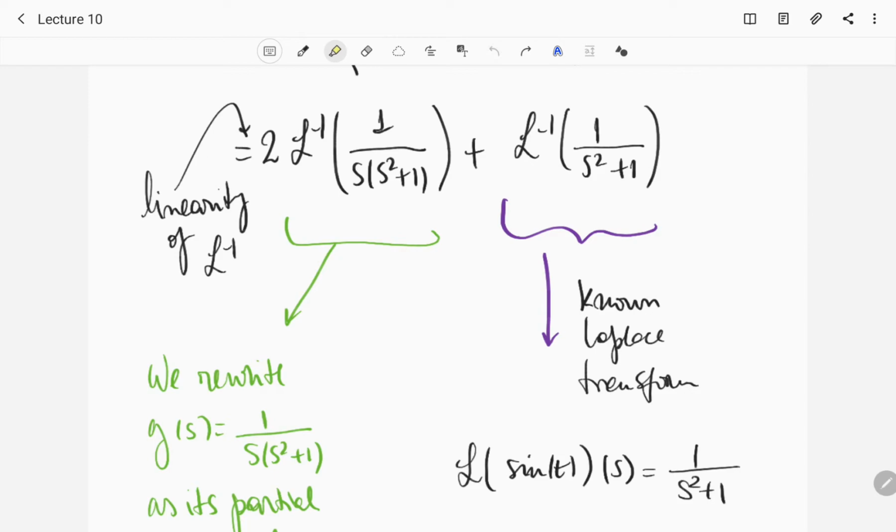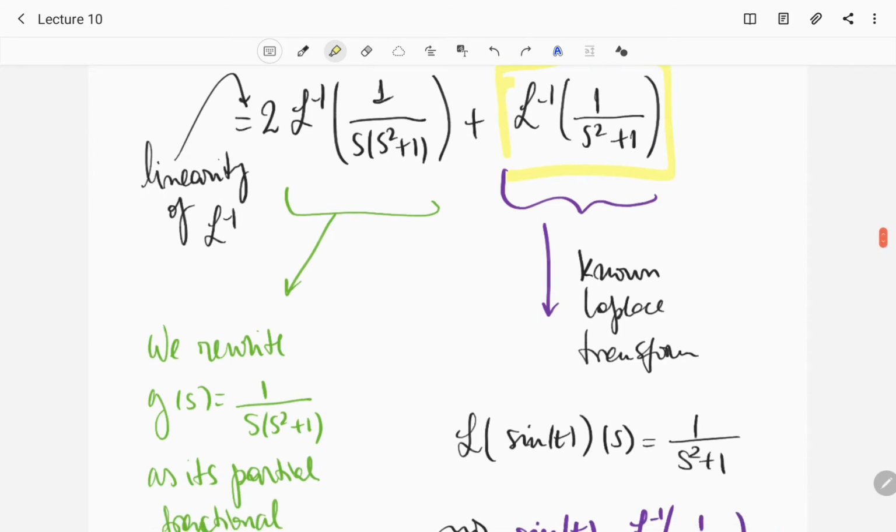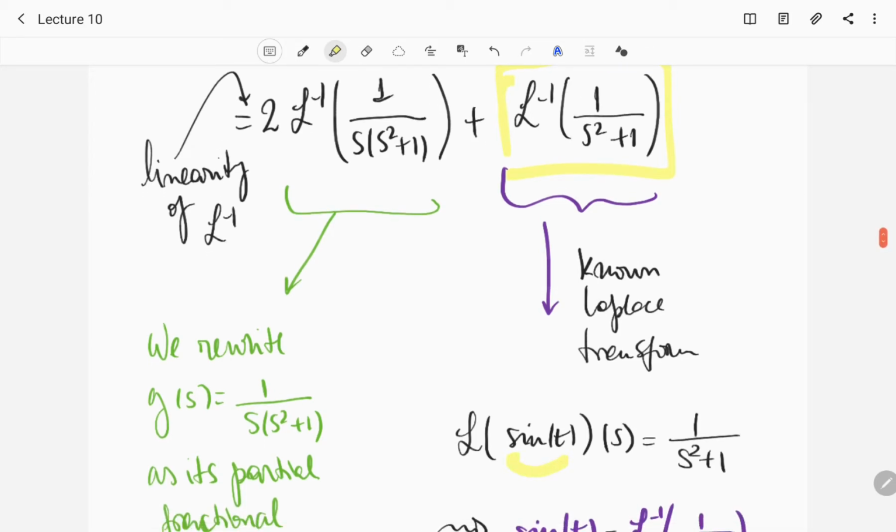Okay, this one maybe you remember has the shape of alpha over s squared plus alpha squared, with alpha equal to 1, and then we know that this piece is equal to sine of t.